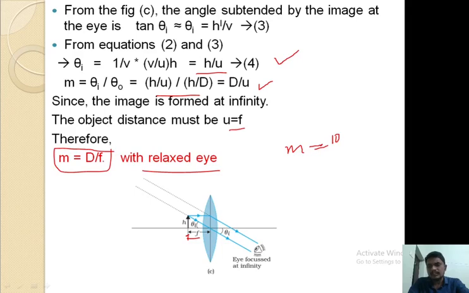You cannot fabricate a lens of any size. That is why with a simple microscope we can magnify the object by 10 times only.